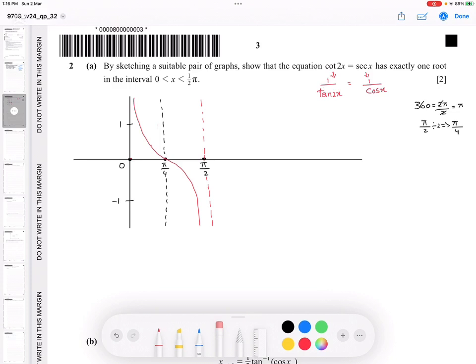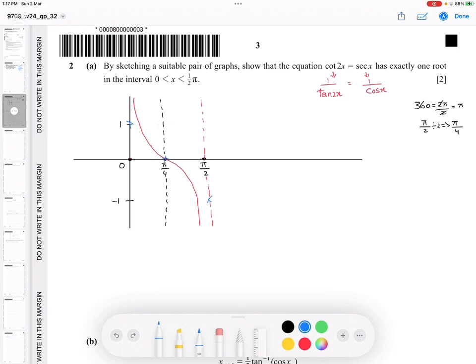And cos of x comes like the, wait. Cos of x comes like this. At 0 cos is 1, at 90 cos is 0, and at 180 it is minus 1. So it comes something like this, but we have to draw from here.